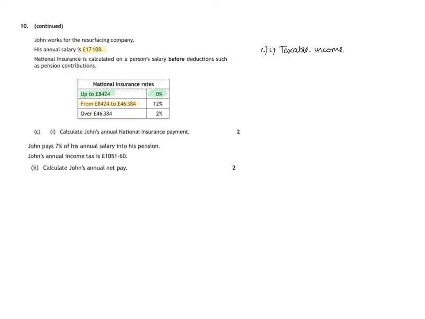And that is going to be his total salary, take away that £8,424. So when we do that, we get the taxable income he's got is £8,684. So his national insurance is 12% of that.